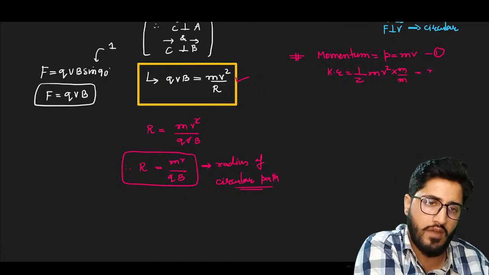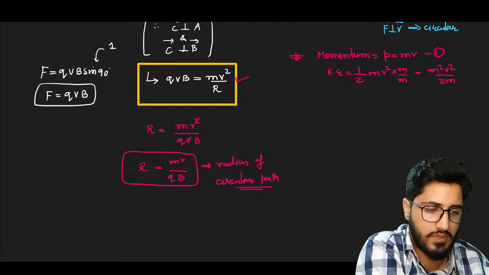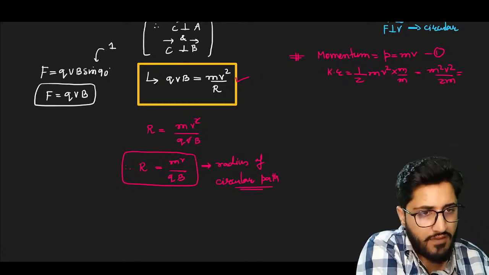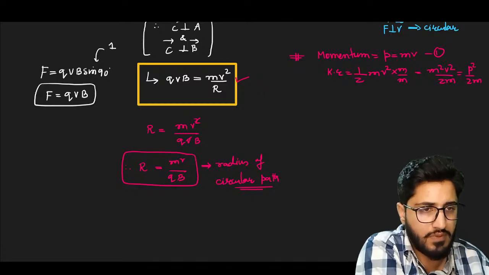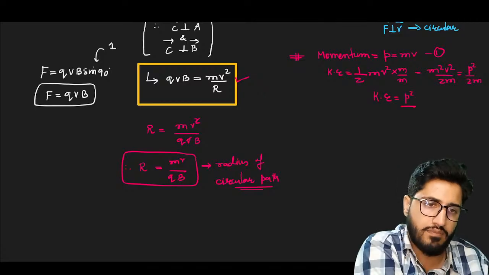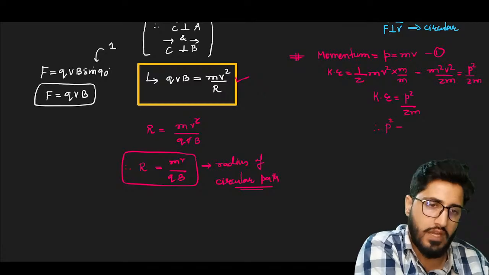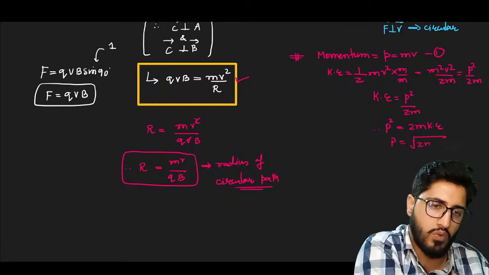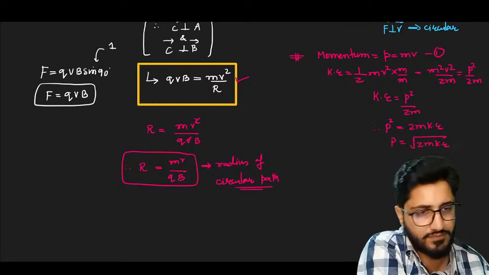So I will get m square v square by 2m. So look, I guess it is p square by 2m. So kinetic energy is p square by 2m. Therefore, p square equals to 2m kinetic energy. So momentum came out to be under root of 2m kinetic energy.